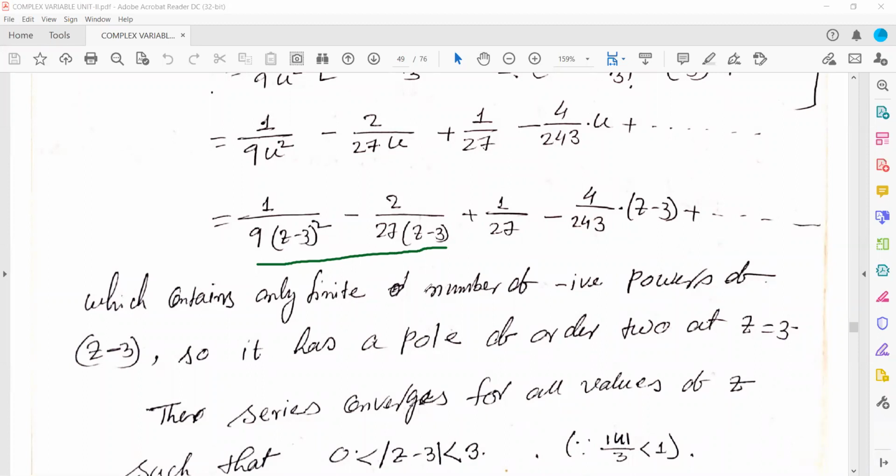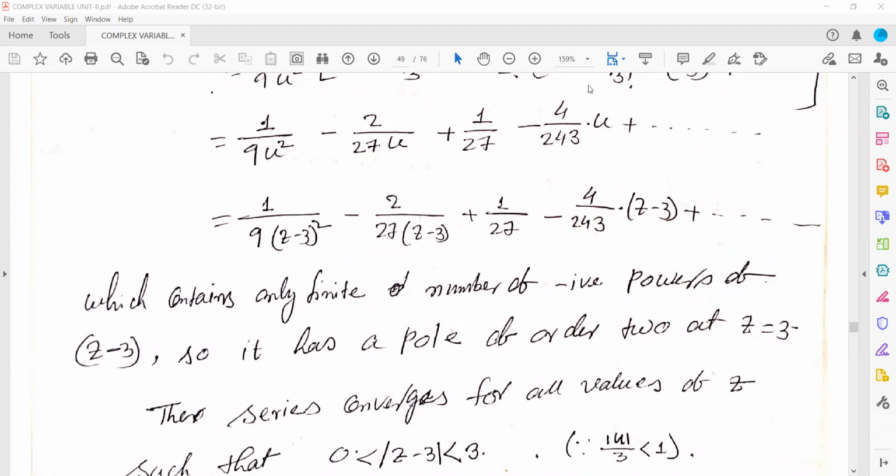That means the negative powers of z minus 3 are finite. If the expansion of fz in powers of z minus a contains a finite number of negative powers of z minus a, then that singularity z equal to a is called a pole. And the order will be the highest one, which is 2 here. So it is a pole of order 2 at z equal to 3.